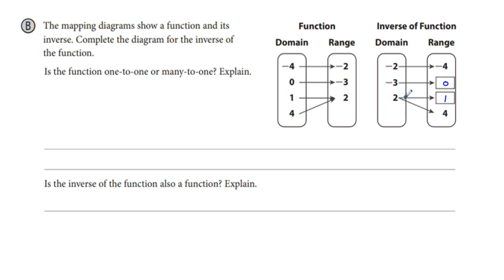But you see, we don't have a unique output for every input. And so it is not one-to-one. And why is that? There isn't a unique output for each input.